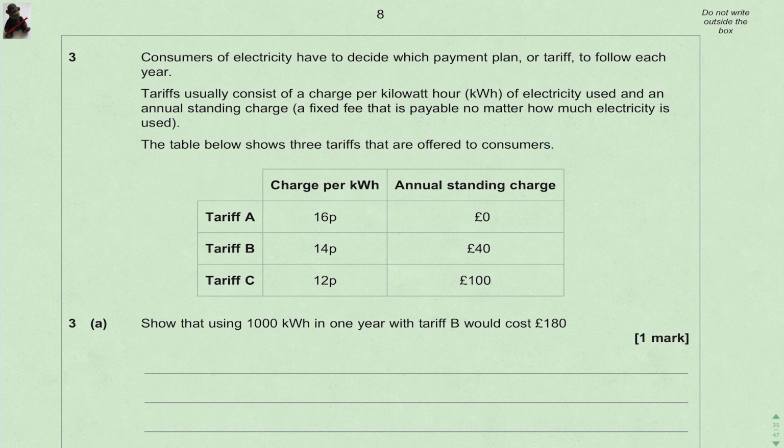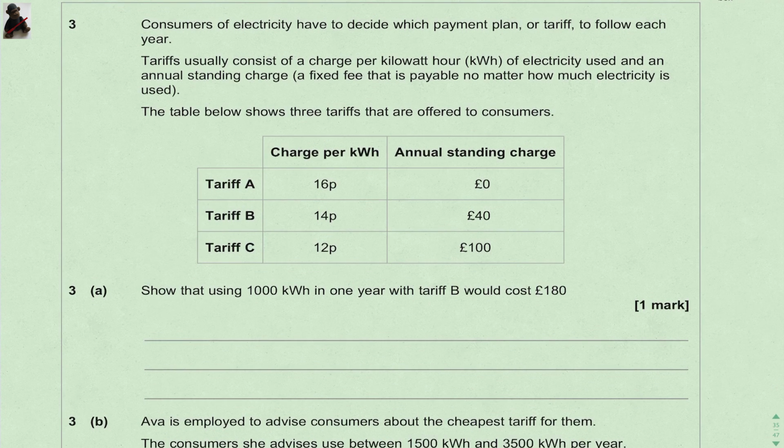The table below shows 3 tariffs that are offered to consumers. Question 3a. Show that using 1000 kilowatt hours in 1 year with tariff B will cost £180.